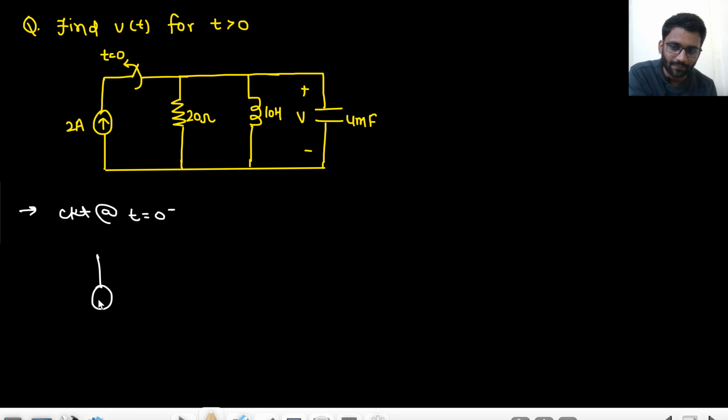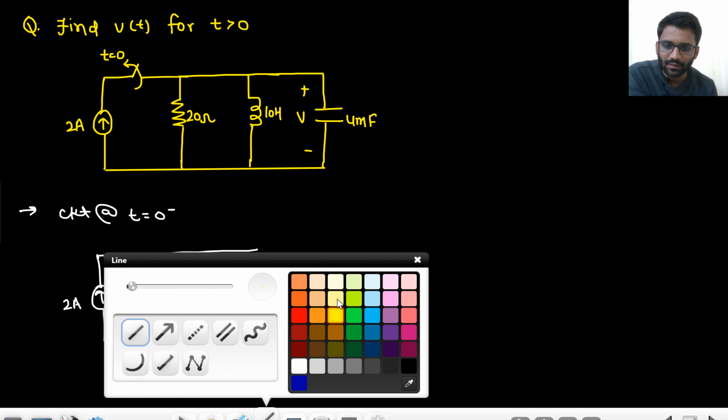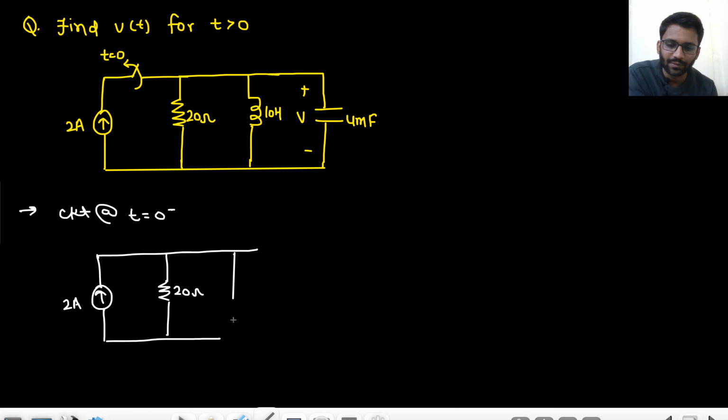A 2 ampere current source is there, and a resistance is there. The inductor will be shorted and the capacitor will be open circuited.